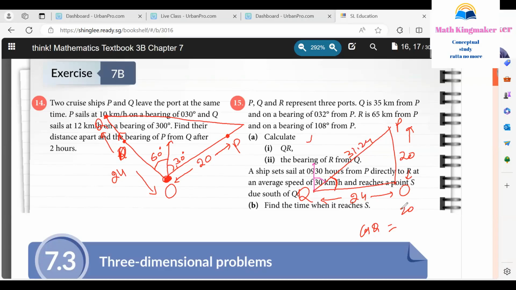Let us take it roughly as 31. 31 squared plus 24 squared minus 20 squared, divided by 2 into 31 into 24. This will give you the value of angle Q. After subtracting this angle from 90, we can get this angle. So this will be your required bearing.